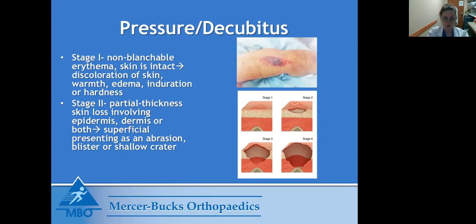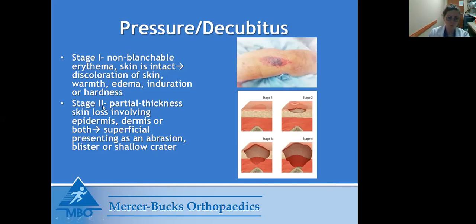You have pink, red discoloration that's there, that when you touch it, you don't get that white reaction. The skin is intact, so you don't have a visible wound. The skin is discolored. It can be warm to the touch. You can have swelling. It can be indurated or hardened in the localized area.